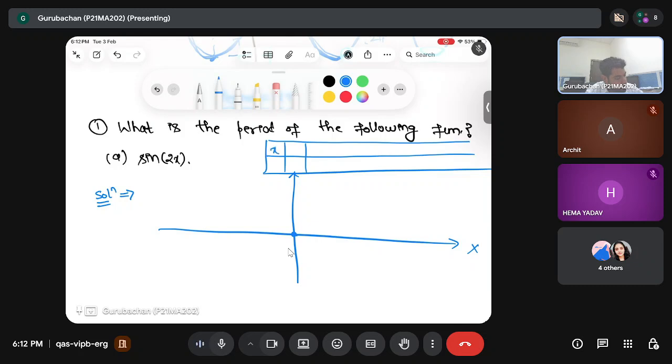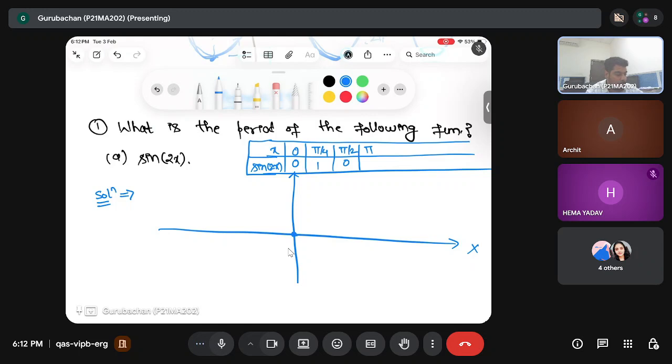So here is x, and here is sin 2x. For 0 it is 0. For pi by 4 it will be 1, pi by 2, 0, then pi, 0.